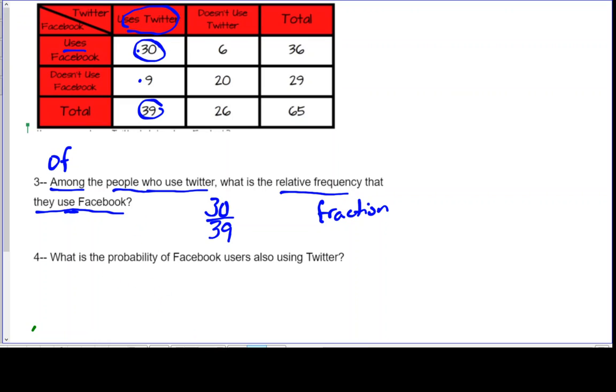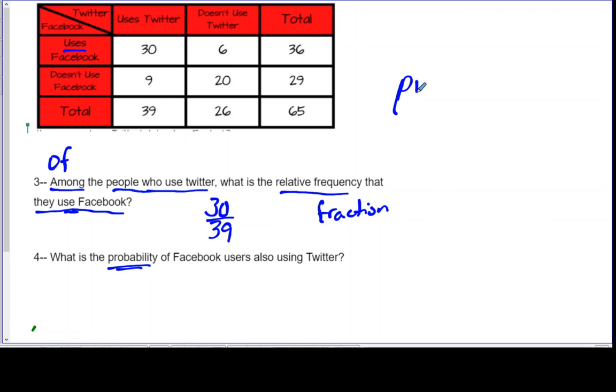Look at 4. What's 4 asking us? 4 says, what's the probability of Facebook users also using Twitter? Now, when we see the word probability, that should make us think relative frequency.